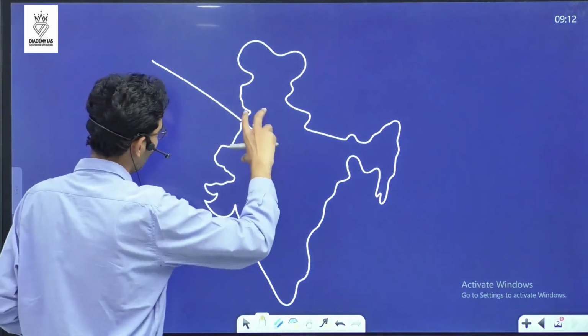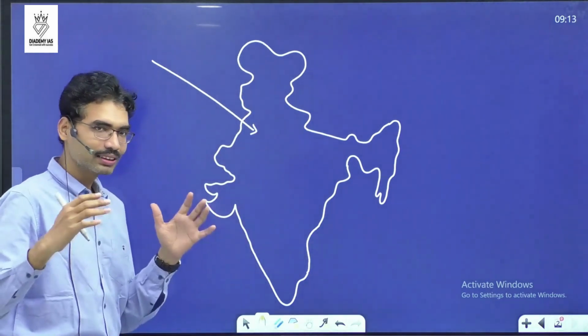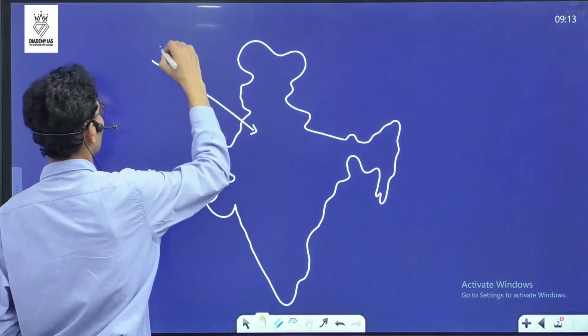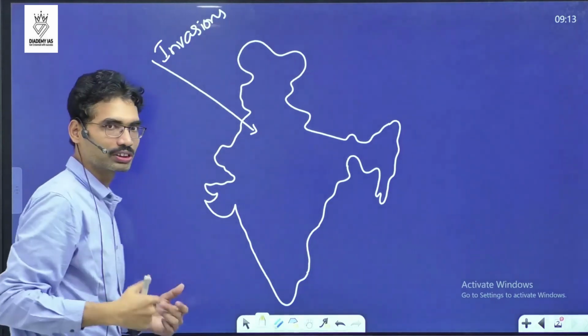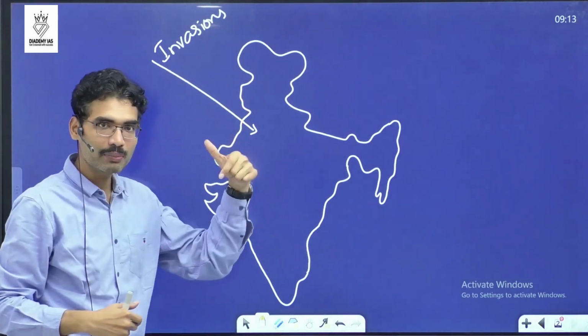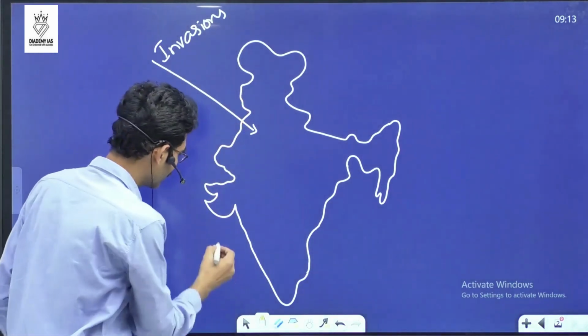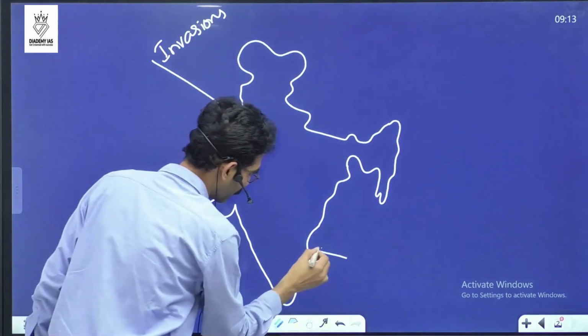this land always got threats from invasions from this side throughout our history. But for the first time in our history, we got threats from the ocean.